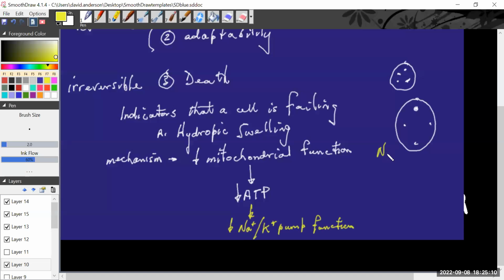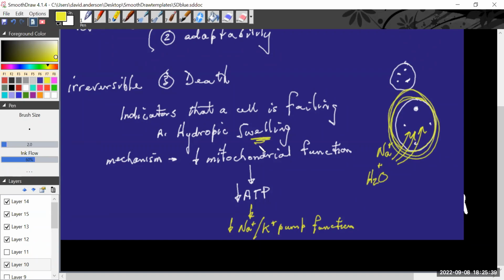And what that means is sodium is going to be able to rush inside the cell because the sodium potassium pump's not working properly. And what do we know follows sodium? Water. So we're going to get sodium rushing in, water's going to follow, and the cell is going to swell.